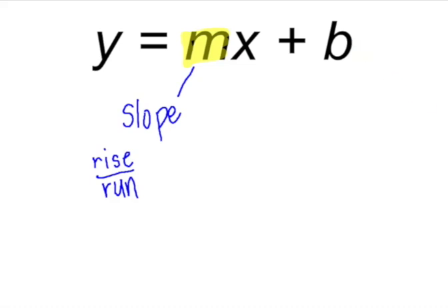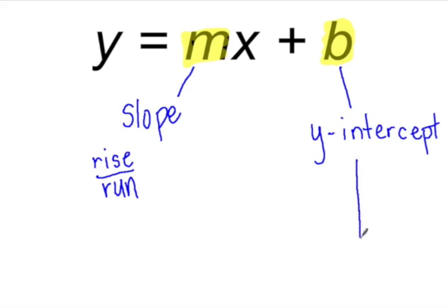Another key piece of information in y equals mx plus b form is b. B represents the y-intercept. The y-intercept is the place where the line we are graphing crosses the y-axis.